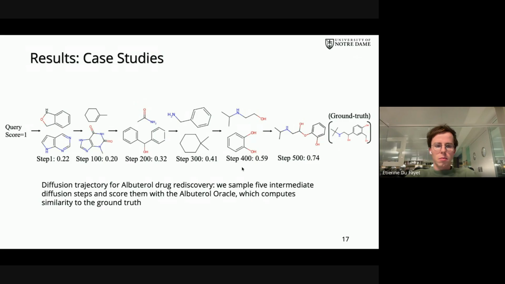So just to understand better how the training of this model is done, I think this slide is good. Let's say you start from step 300 and you go back to step 200 at training time. So you add some noise to your vocabulary tokens, and then you try to predict the noise that you added on this vocabulary. So the noise you are adding from one noising step to another is on the vocabulary tokens.